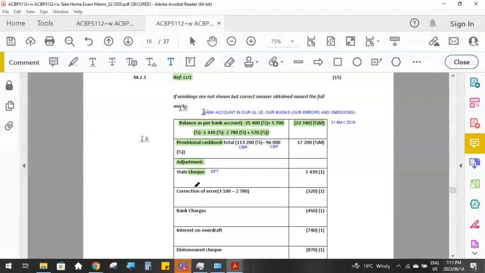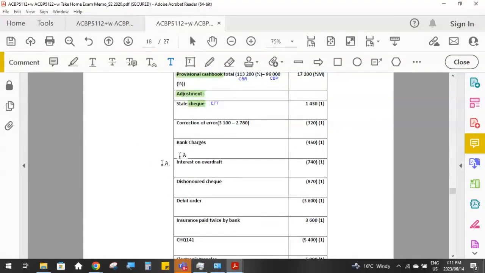Remember, if it's the bank that's made a mistake or left something out, that goes on the bank recon. If we've made an error or left something out, we must correct that in our cash books, which is basically what we do in here, and we are adjusting our cash book totals.